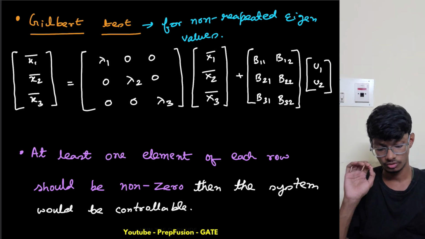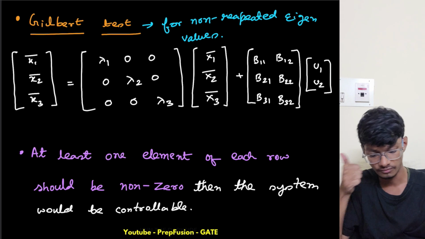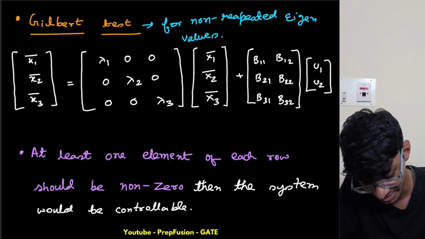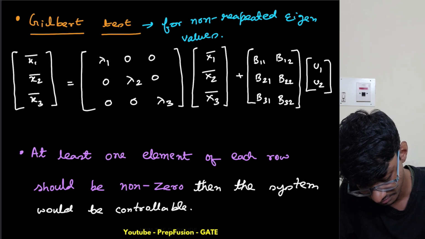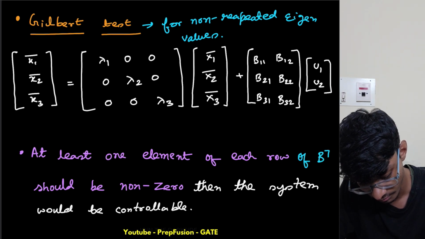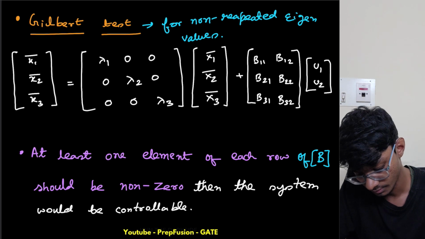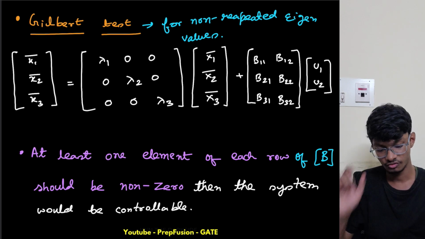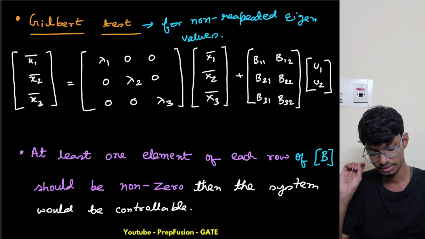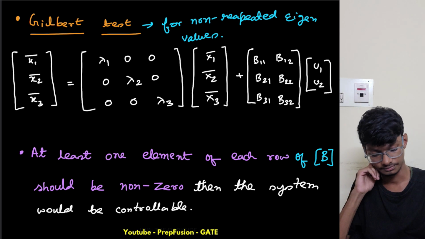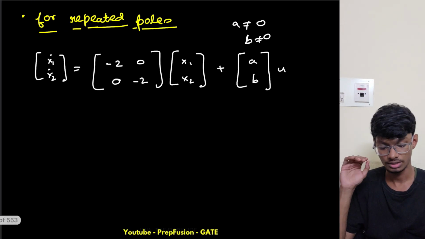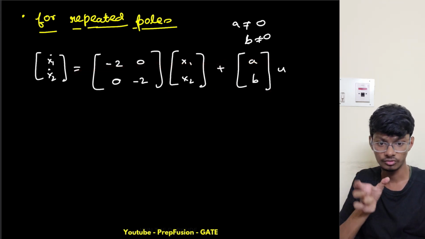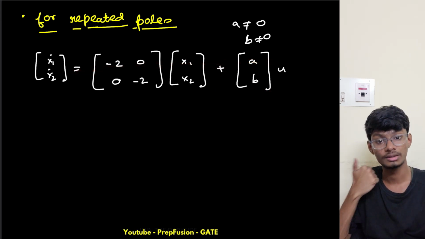Then the system would be controllable if at least one element of each row of B is non-zero. Actually I should say each row of B. Otherwise the system would be uncontrollable. This is the point. Here, as I told, this is non-zero and this is also non-zero, so my system will be controllable according to Gilbert's test.